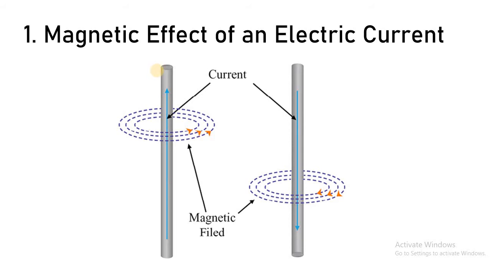Now why is it so? Because yesterday we saw magnetic field strength or magnetic field intensity, that is capital H. So capital H is equal to Ni upon L. What is Ni upon L? N is the number of turns of a coil, I is the current flowing through the coil, and L is the length of the magnetic path. Now the length of the magnetic path is inversely proportional to the magnetic field strength.